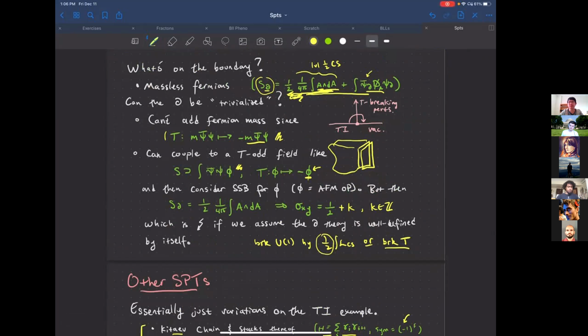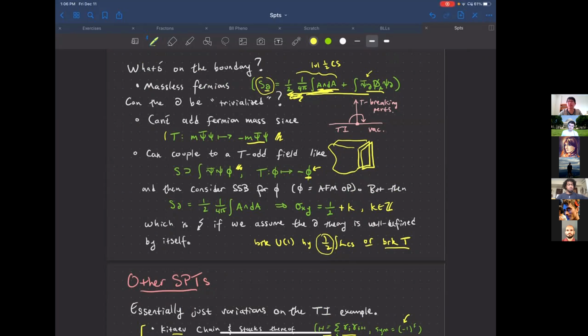Yeah, sorry. I mean, this probably became very confusing at the point where I was talking with Dan about all of this stuff. The claim is that this actually is an allowable thing that you can do. In particular, you can do this without breaking any of the symmetries, right? Because this phi is T odd.